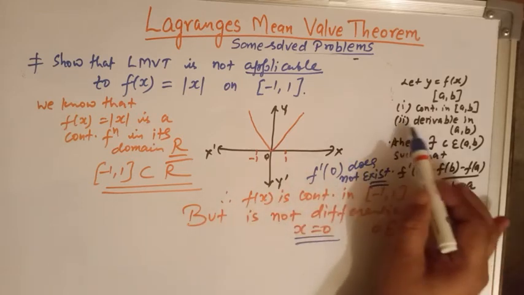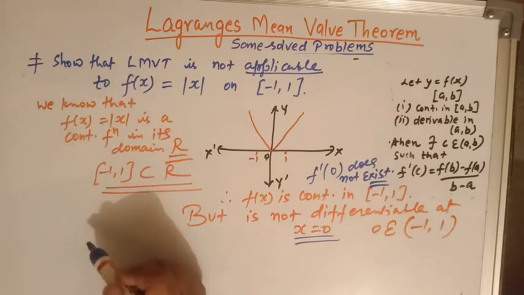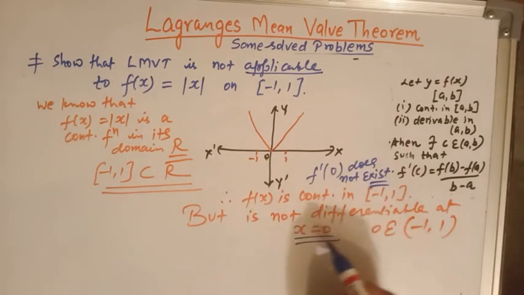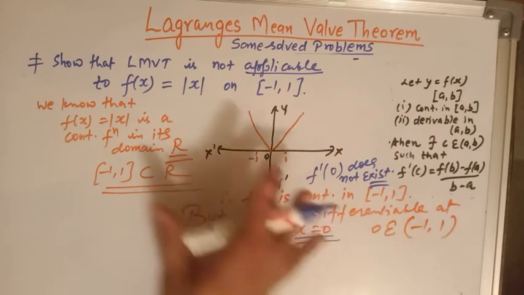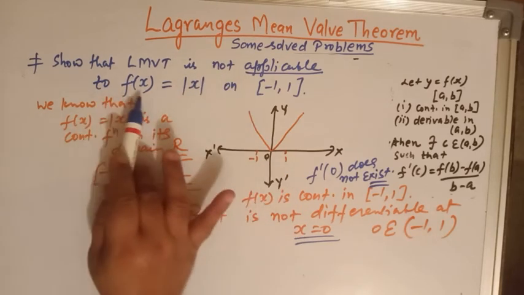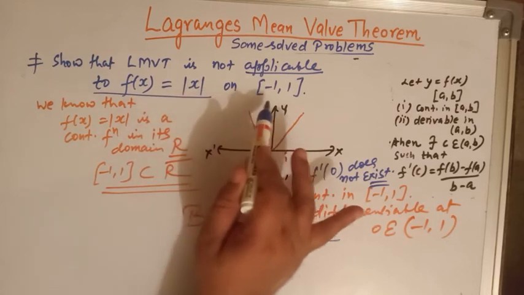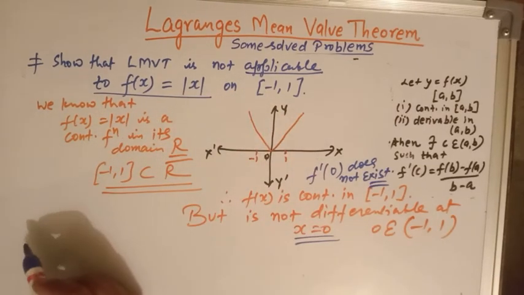Hence this condition, the second condition of Lagrange mean value theorem, is violated here, and it is not satisfied. Therefore we can say that the Lagrange's mean value theorem is not applicable to this absolute value function mod x on minus 1 to 1. Why?